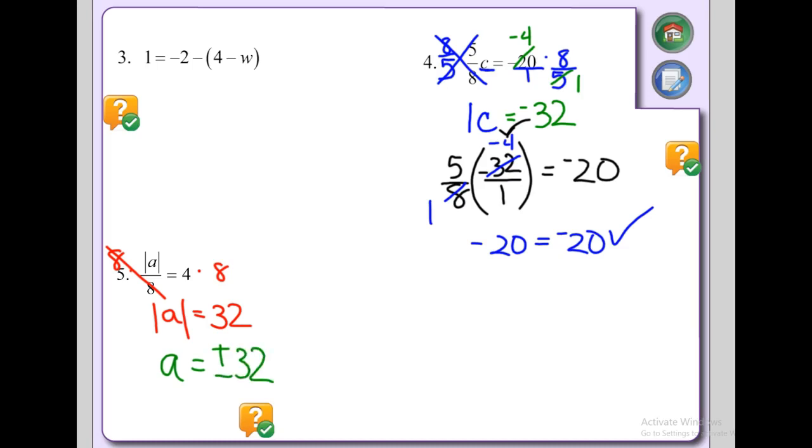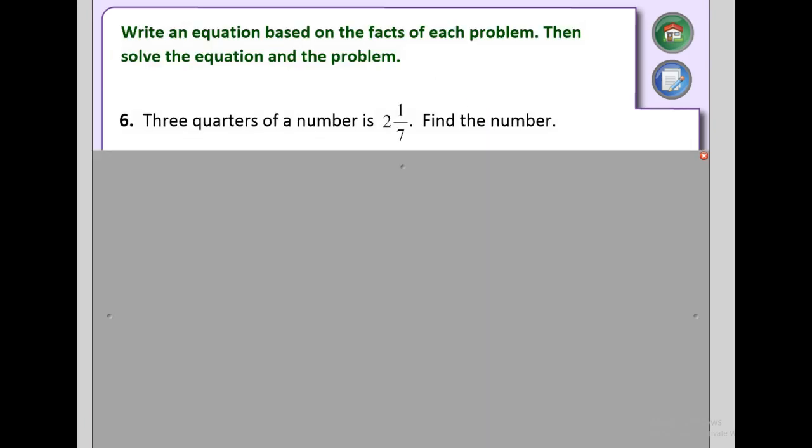Remember, positive 32 is 32 spaces to the right. Negative 32 is 32 spaces to the left. If you wanted to, you could write it like this way as well. Positive 12 and negative 12. All right? Nicely done.